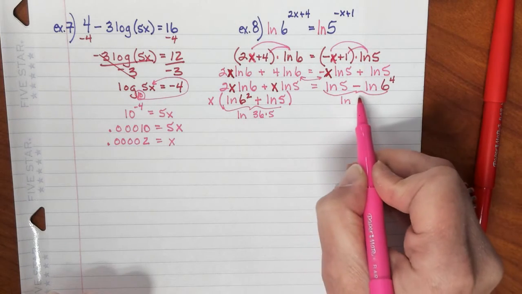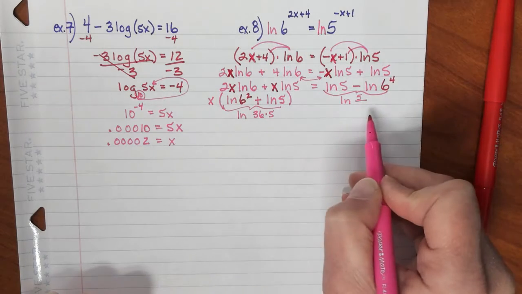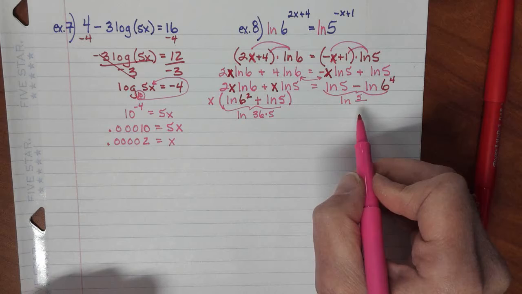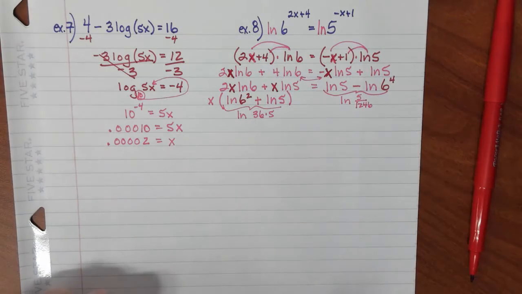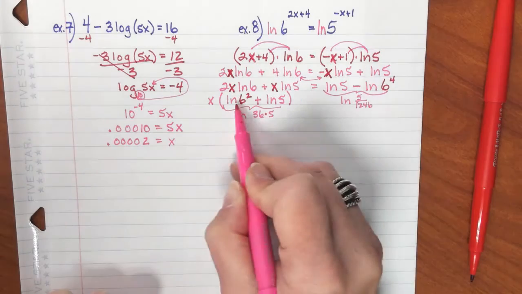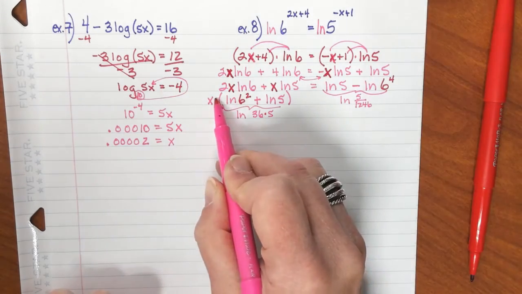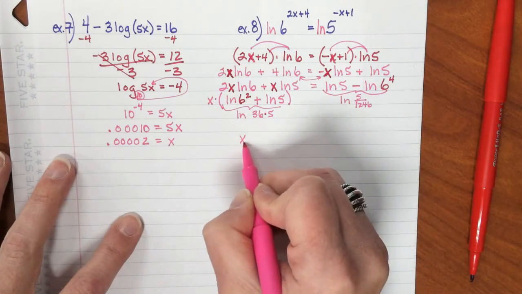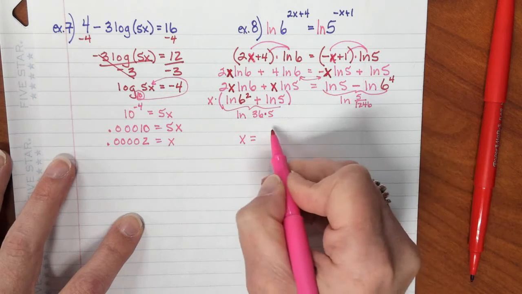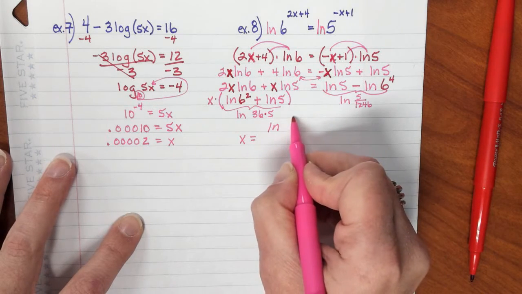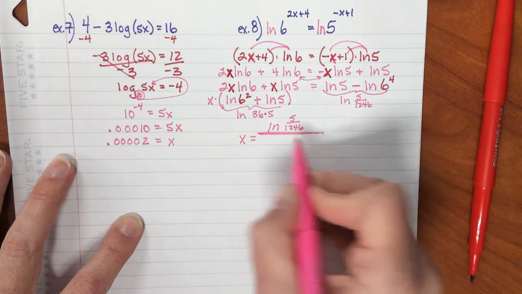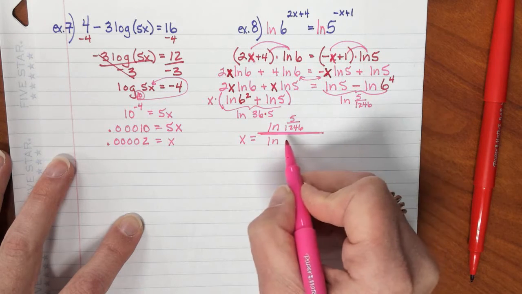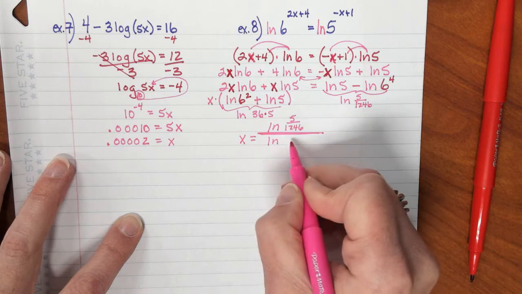This is the natural log of 5 divided by 6 to the 4th power, which is 1296, I believe, 1296, I think. So right here you can do this multiplication. You're going to be moving this factor over here. This is multiplied, so I need to divide it. So x equals this natural log, what I have over here on this side, of 5 divided by 1296, divided by the natural log of 36 times 5 is 180.